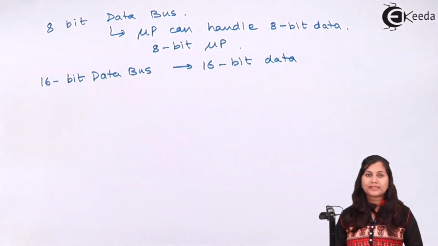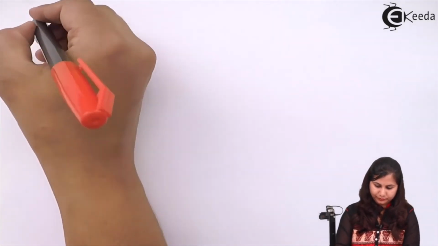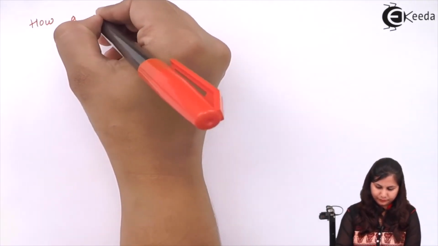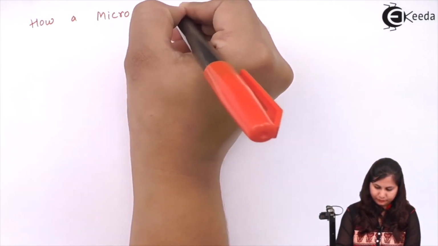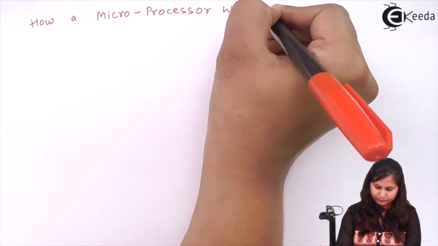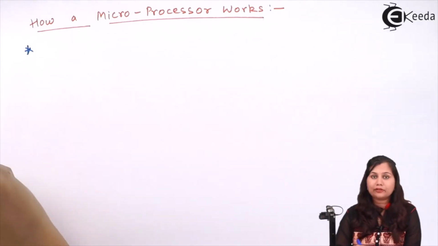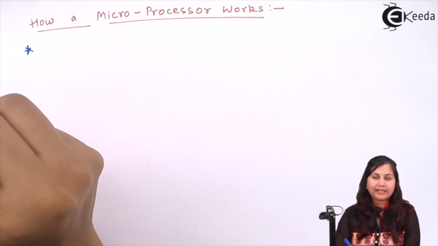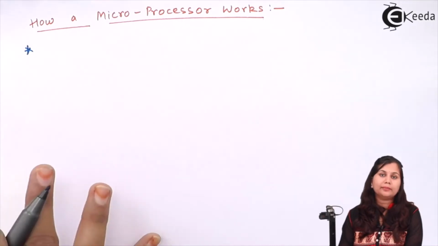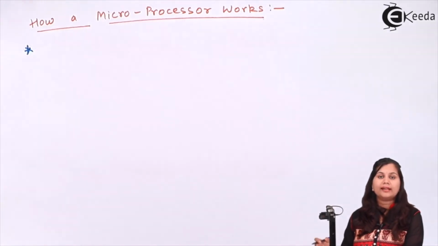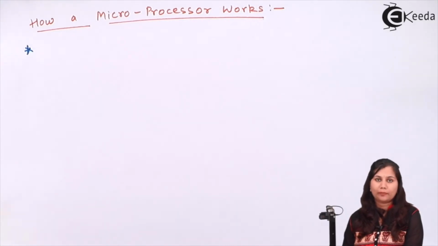So let's first study how a microprocessor works. The microprocessor is a programmable device. We have programs, in which we have instructions, and according to those instructions the microprocessor performs various operations.